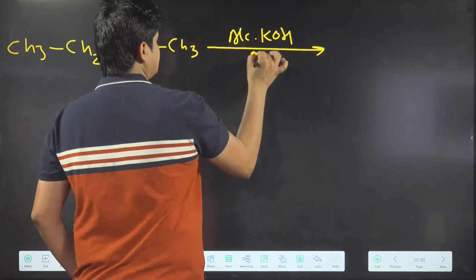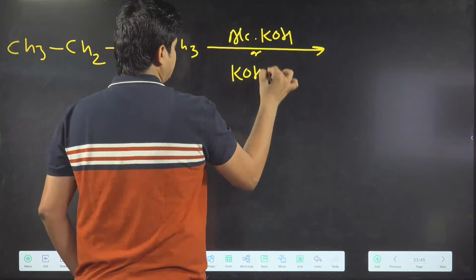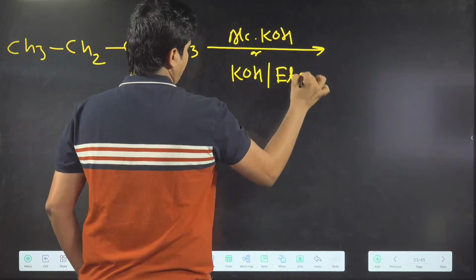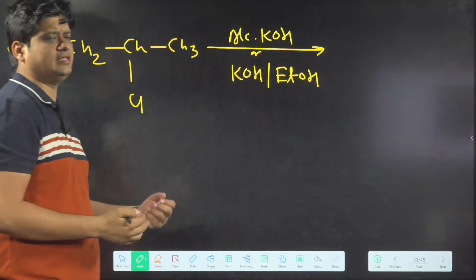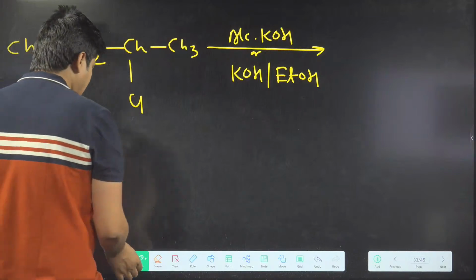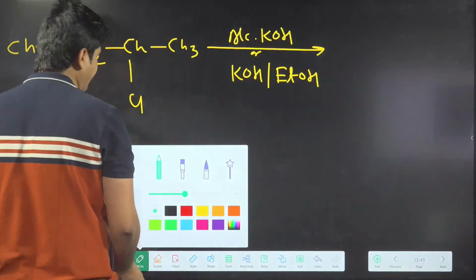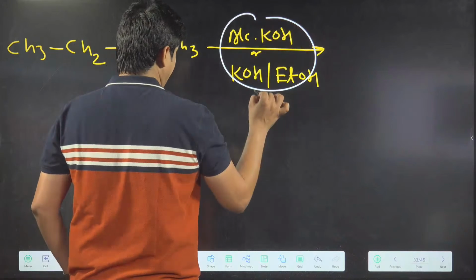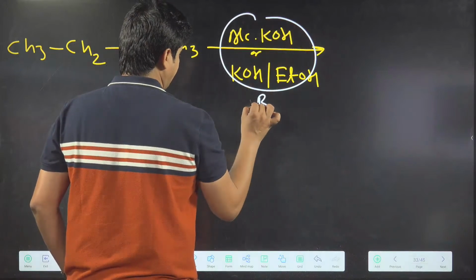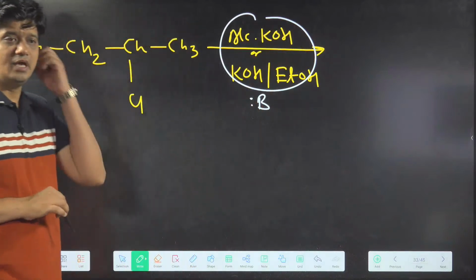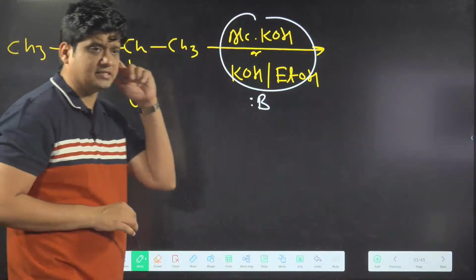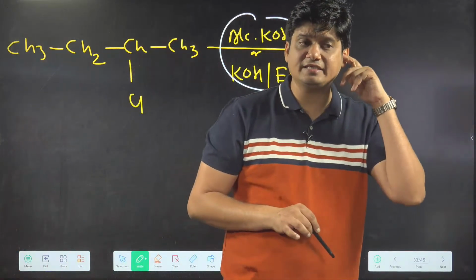Sometimes they will write KOH with some alcohol, for example ethanol, or they can take any other alcohol. In this alcoholic KOH, what will happen? Alcoholic KOH is acting as base.